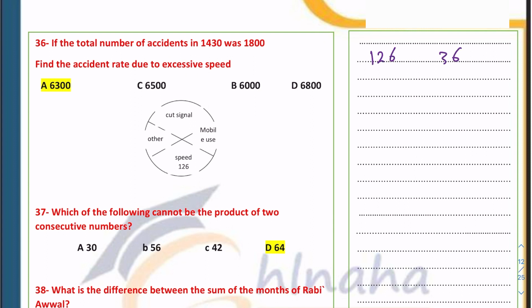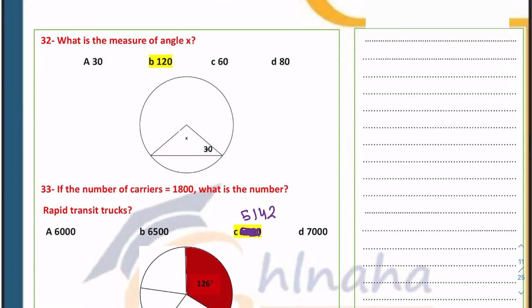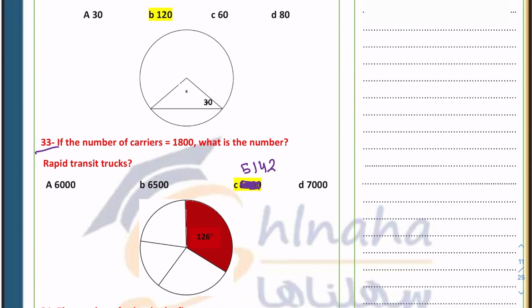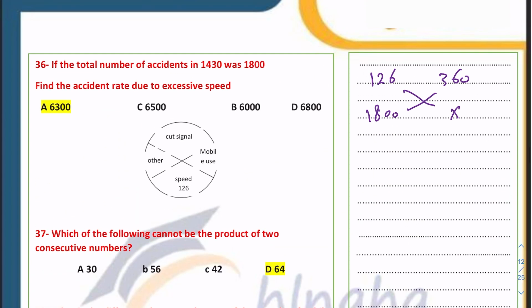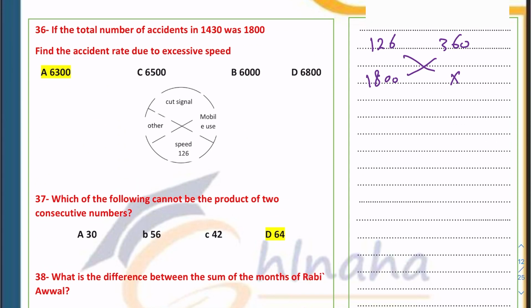This is 1800, and here it's x. Cross multiplication, and we said the answer will be different here, okay? It's the same as this question, do you see? We said it will be 5,142.